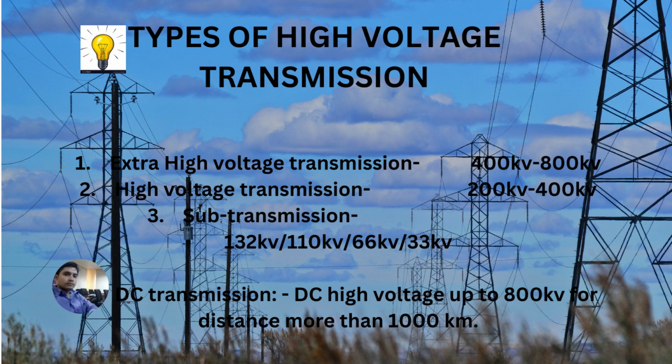Sub-transmission is done at 132 kV, 110, 66 or 33 kV. Now comes the fourth one, that is DC transmission. DC high voltage up to 800 kV is also used to transmit the power when the distance is more than 1000 km.